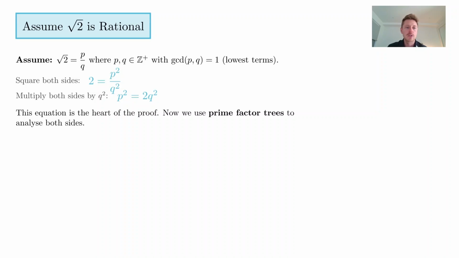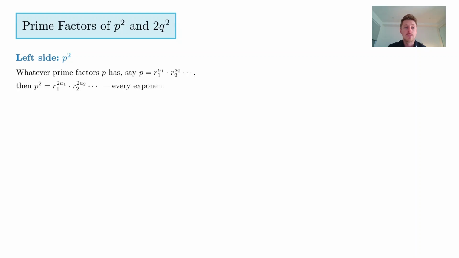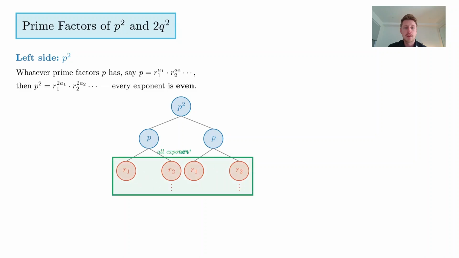And now we use what's called a prime factor tree to analyze both sides. So let's see what those factor trees would look like. And here they are. If we look at the left-hand side first, we've got p squared. Whatever prime factors p has, we know the count has to be even. So p squared has an even number of factors.